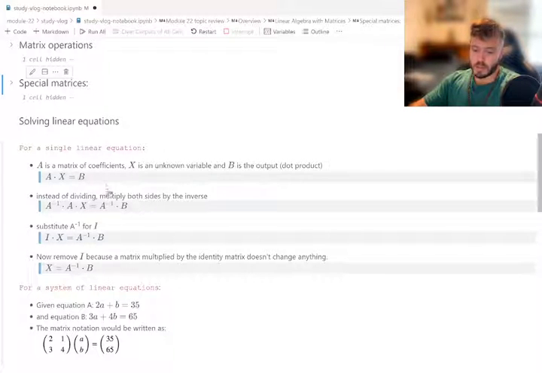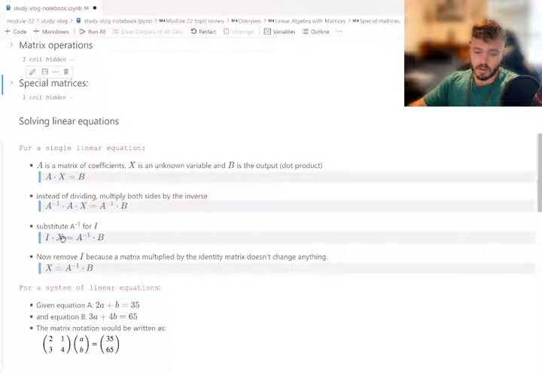So we multiply both sides by the inverse, and then we know that multiplying anything by its inverse is simply that own thing, so we can cancel this out and just replace it with I. So now we have the identity matrix times x equals A inverse times B. And again, with substitution, we can eliminate I, because anything multiplied by the identity matrix is itself.